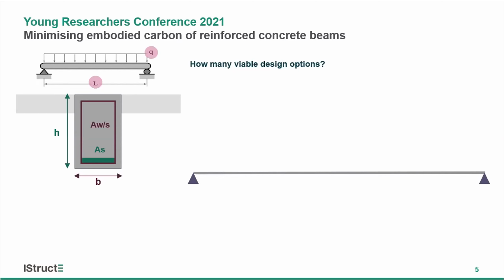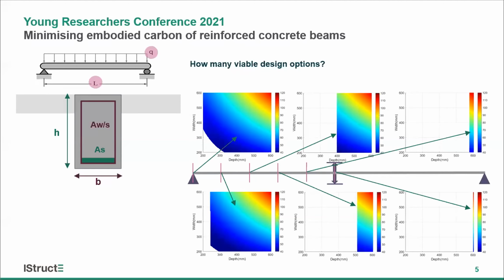But when it comes to shape optimized beams, the picture is a bit more complicated. Let's say we are going to design this beam for a selected mid-span depth. We can calculate the amount of flexural reinforcement needed there and continue it throughout the span. After that, we can design several sections along the beam for a range of depths and widths.